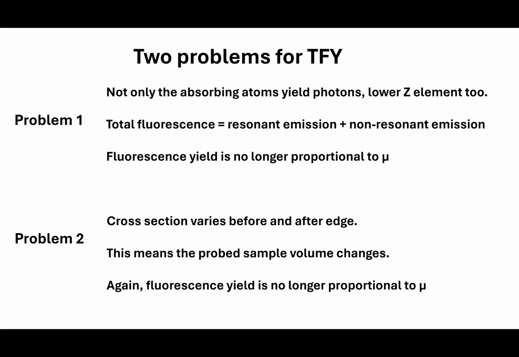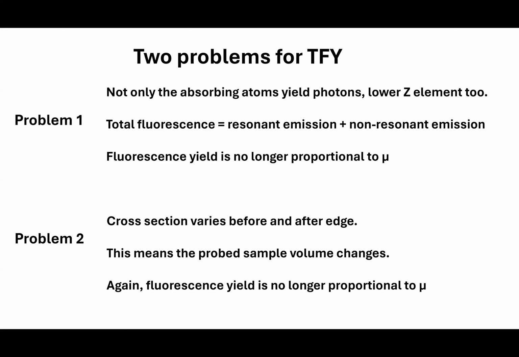So what that means is we are probing different sample volumes before the edge, at the edge, and after the edge. Now that we are no longer probing the same volume of sample, how can we still use this data?